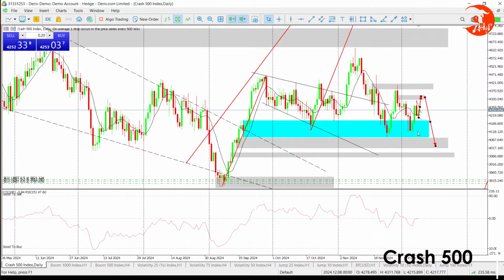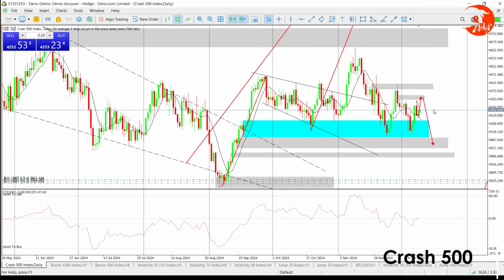But this support level is becoming stronger than we anticipated. Yet it is holding up, so we will be waiting for this kind of move to bring us right here. But of course, we're going to first see some bit of buys.